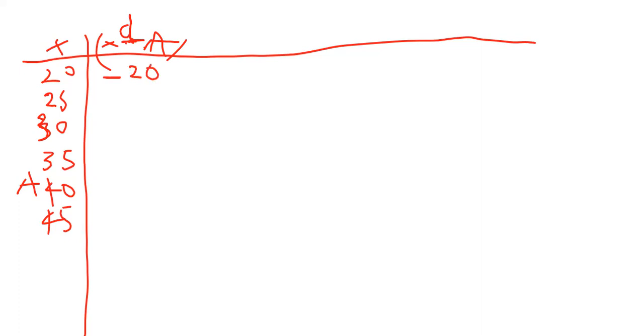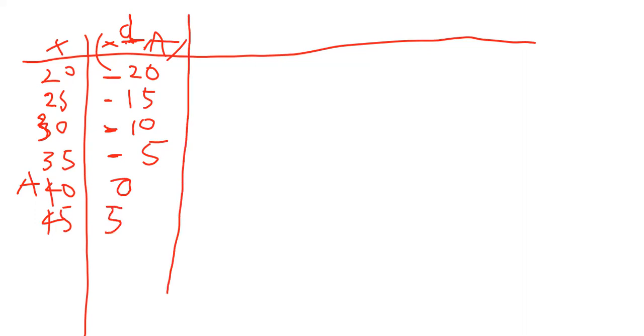And this one is minus 15. 30 minus 40 is minus 10. 35 minus 40 is minus 5. 40 minus 40 is 0. 45 minus 40 is ordinary 5. We'll get a column.